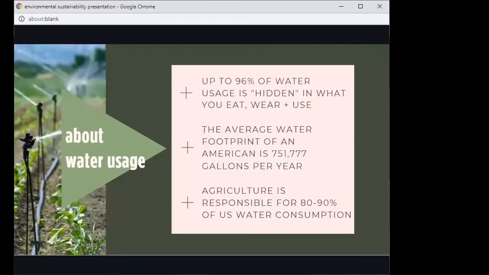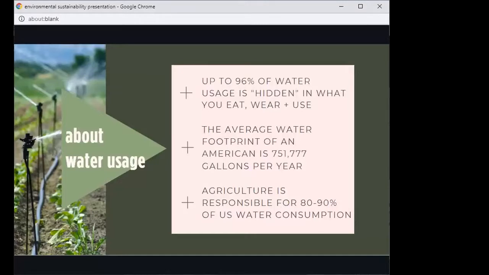So there's a lot of water that goes into the production of what we use in our everyday life. By contrast, a 10-minute shower only uses about 25 to 50 gallons of water on average. So that's really a drop in the bucket by comparison when we're looking at our overall footprint.